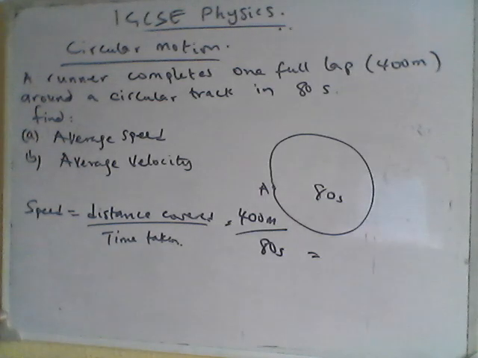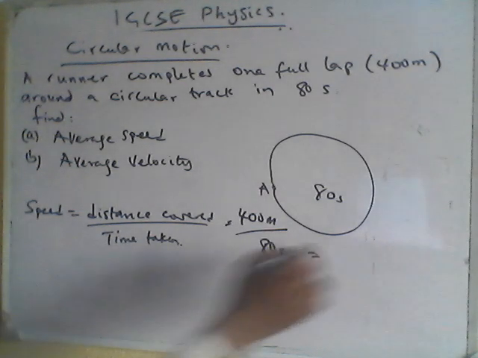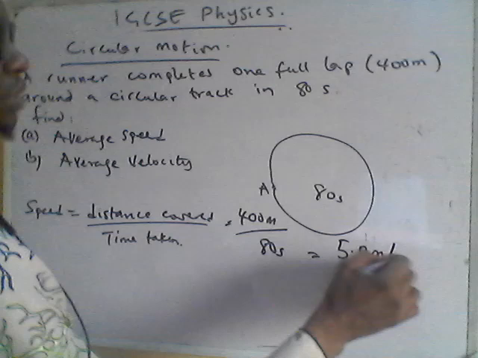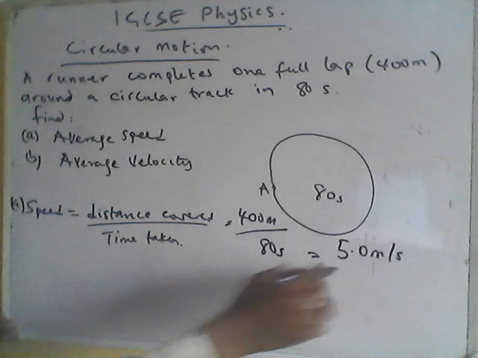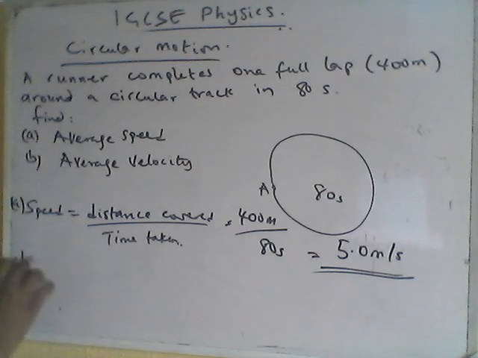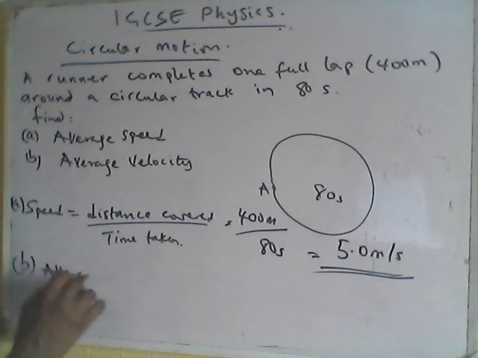So by the time I compute this, I'll be getting 5.0 meters per second. So that's the average speed. This is A, solved. For B, average velocity after one lap.